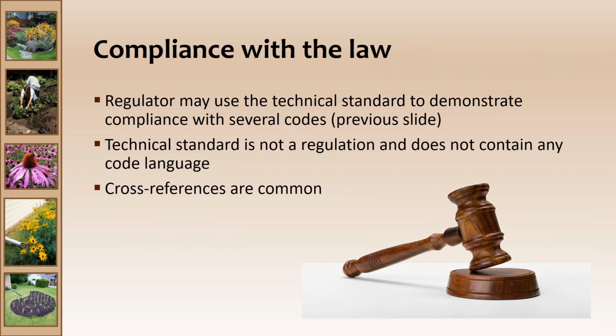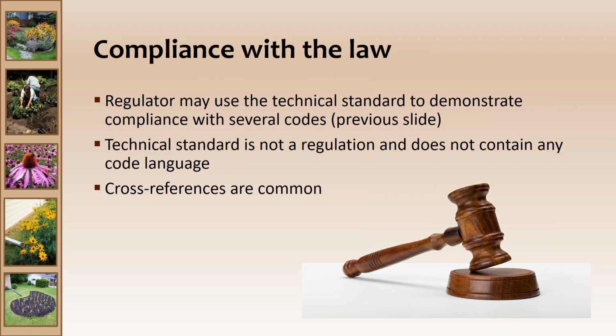The compliance with law is pretty much standard language in all technical standards, but it reminds people that a regulator can use a technical standard to demonstrate compliance with several codes, such as I listed in the previous slides, but the standard is not a regulation in itself and does not contain any code language. So that's often a distinction that gets lost, but it's important because these standards are not just used in regulatory programs.